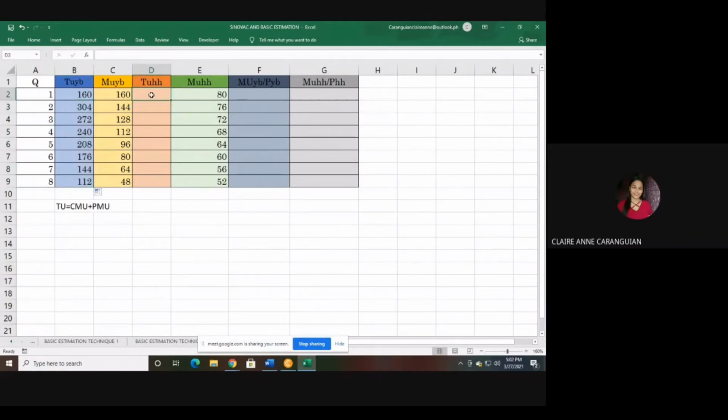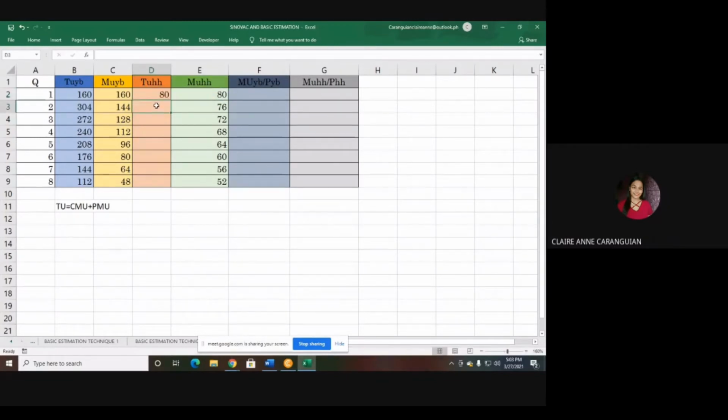Next, we compute the total utility of Halo Halo. Same process. Since we have no previous marginal utility, just copy 80.